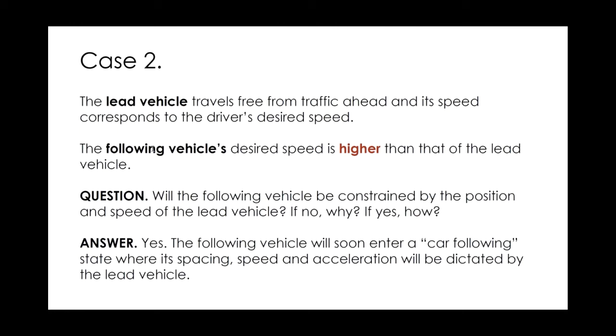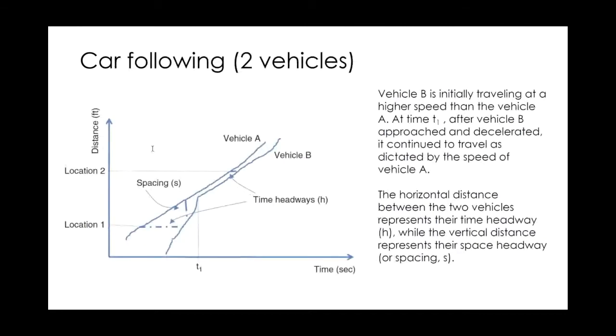What will happen is over time, the follower gets closer to the lead vehicle. And at some point, when they get close enough, the follower vehicle, we say, enters a car following state, where the spacing, the speed and acceleration of the follower will be dictated by the lead vehicle.